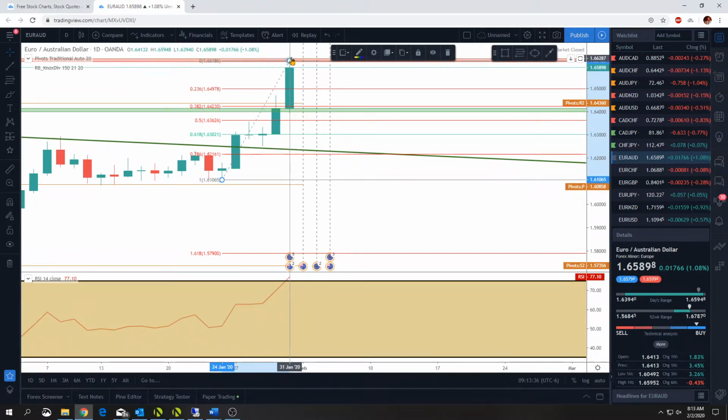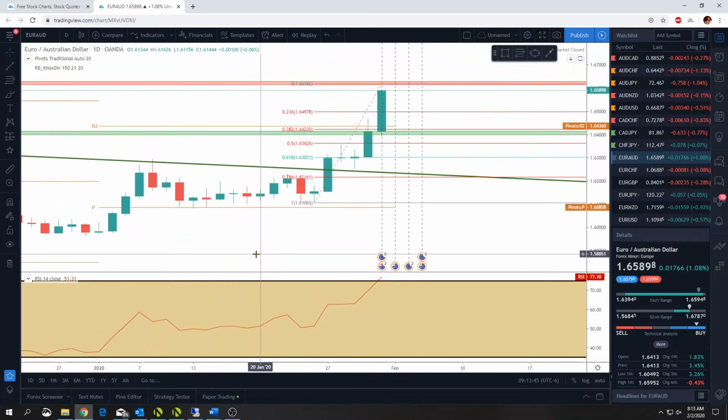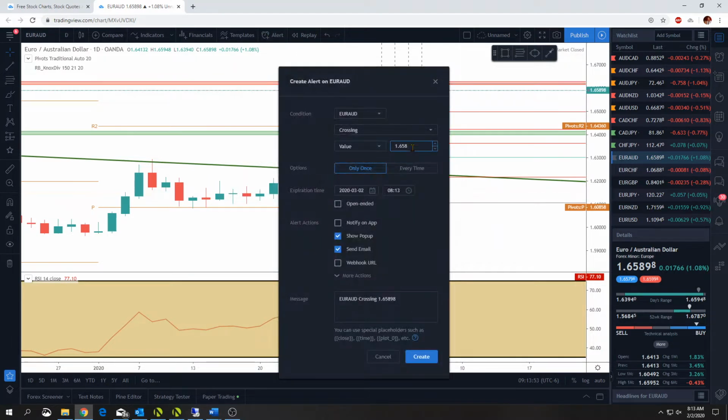But if you catch a really big turnaround right here, and this thing comes all the way back down to these levels, you got a really highly profitable trade. So I'm gonna throw in an alert at 66186, and we're gonna be looking to sell.